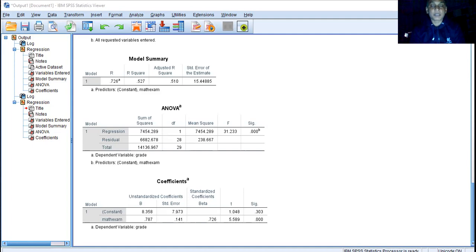For alternate hypothesis, beta is not equal to 0. So this is what null and alternate hypothesis basically are. For null hypothesis, the actual statement, beta is equal to 0, will mean that agreeableness is not the predictor for the success of the employee.